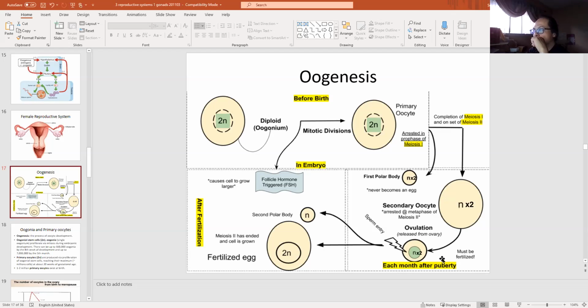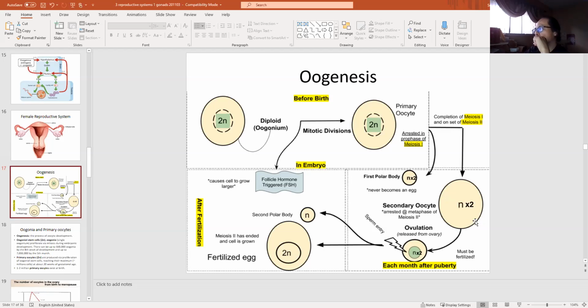Each month after puberty, each primary oocyte will produce two daughter cells. One will degenerate, which we call the first polar body, and the other one takes all the organelles and nutrients.